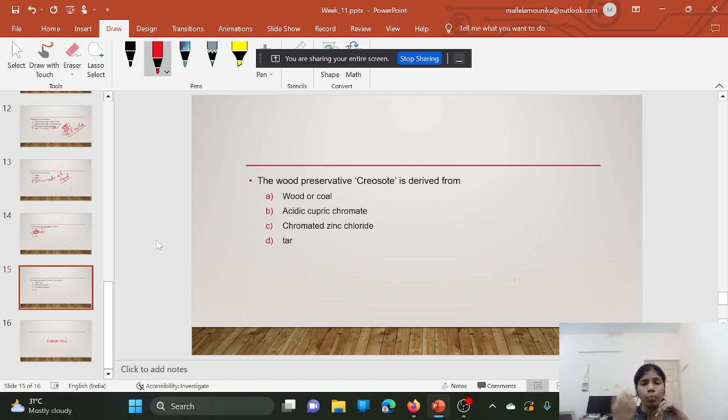Suppose you apply some coatings of this particular chemical on the wood, you can preserve the wood for many years, protecting it from any attack from temperature effects or termites, etc. Creosote oil is nothing but an oil which is derived from tar, and it will be applied on the wood so that it will act as a preservative.